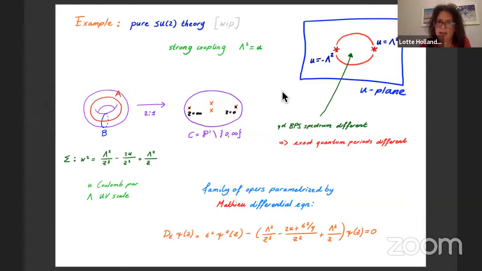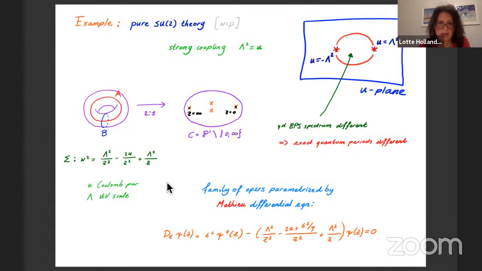You probably know that the u-plane is divided into a weakly coupled and a strongly coupled region, and that the 4D BPS spectrum is very different in those two regions. That means that the spectral networks in these regions are also very different, and that the exact quantum periods will be very different.